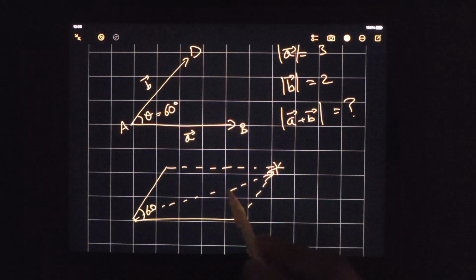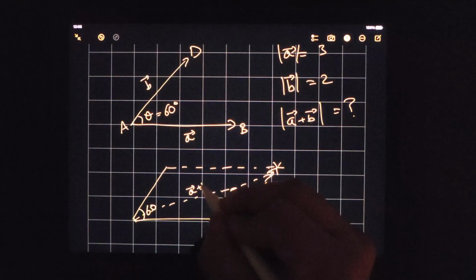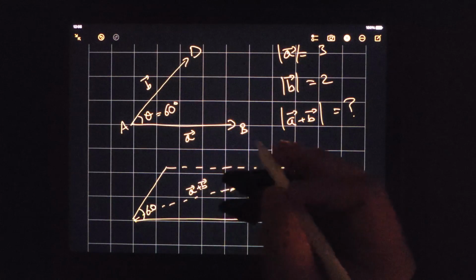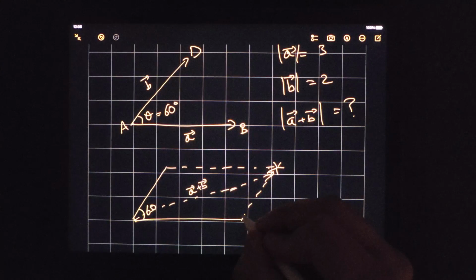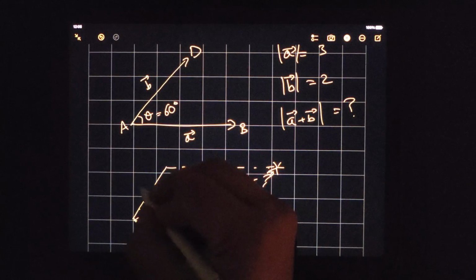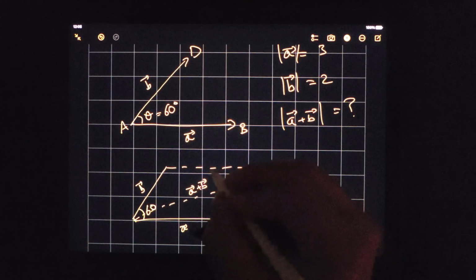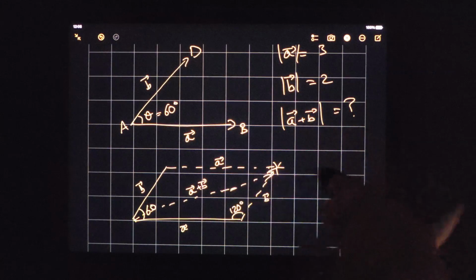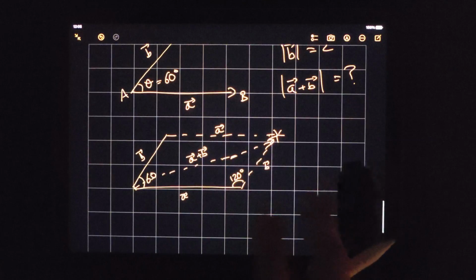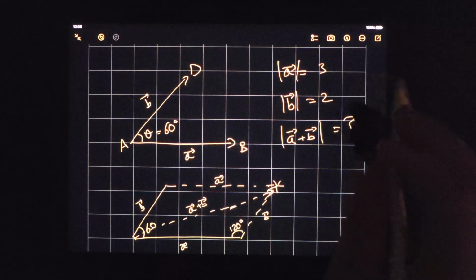Let's pretend that's a straight line. And that is A plus B, right? And I know the angle here is 120 degrees. And that's the same as B, which is there. And this is A, which is the same as that. So we know that A is 3 and B is 2.